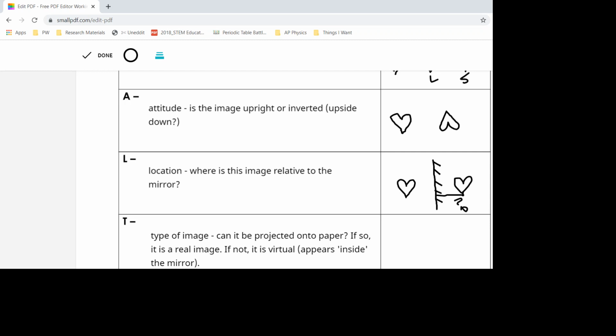So that's going to be my real image. Real versus virtual.